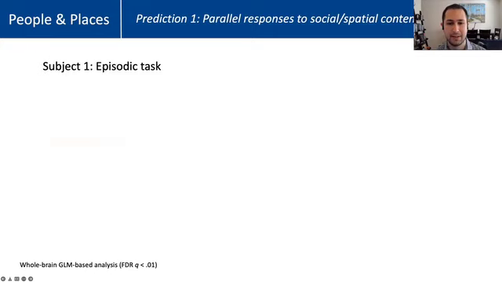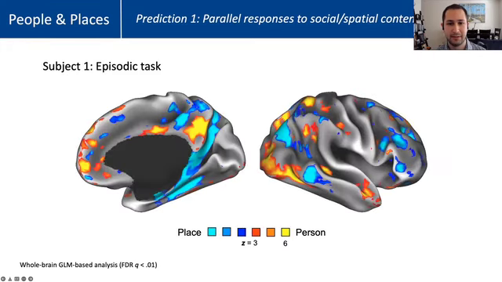First, we test the prediction that parallel responses within the Apex network exist in response to people and places. So here I'm showing a comparison of people and places in the episodic task for a representative individual participant. This is what we see within medial prefrontal cortex. We see a pattern of alternating responses to people, places, and people.